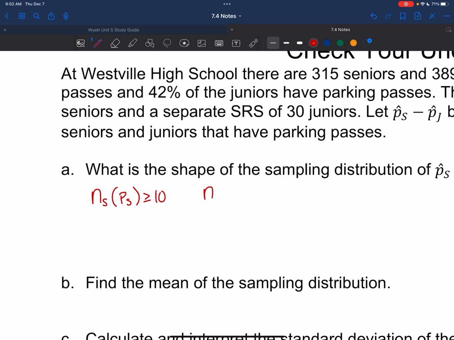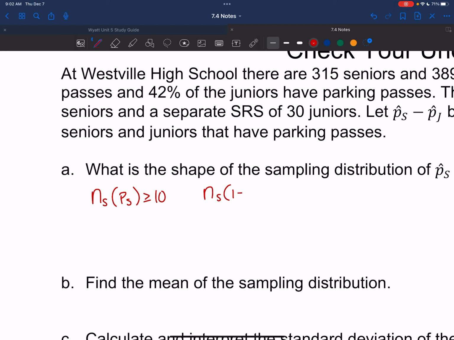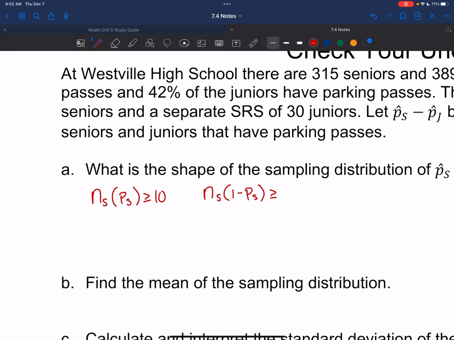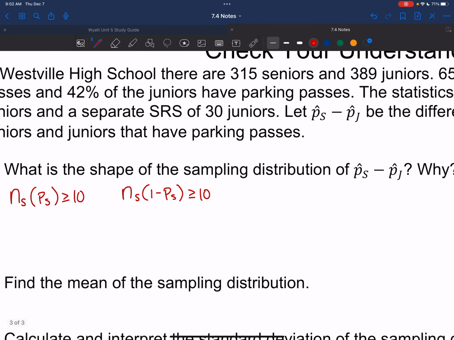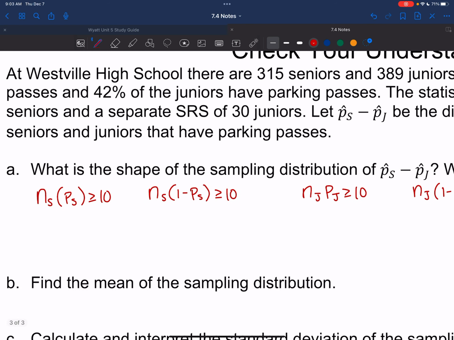And n sub s times 1 minus p sub s is greater than or equal to 10. And then we also have to show the same thing for the juniors. n sub j times p sub j is greater than or equal to 10, and n sub j times 1 minus p sub j is greater than or equal to 10. Okay?